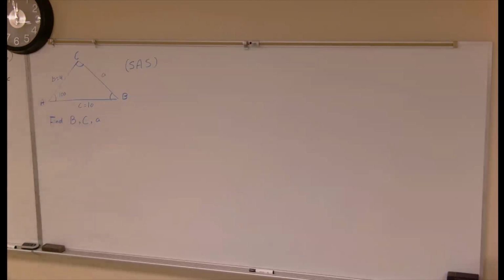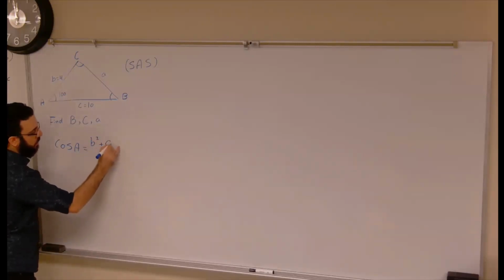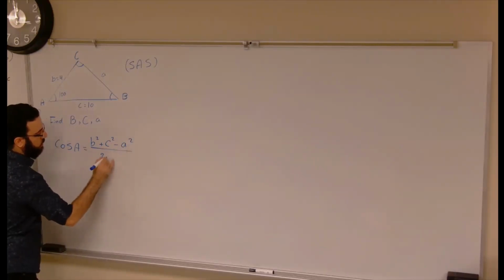So you're going to say, okay, I'm going to use cosine A. It's going to be b squared plus c squared minus a squared over 2bc.